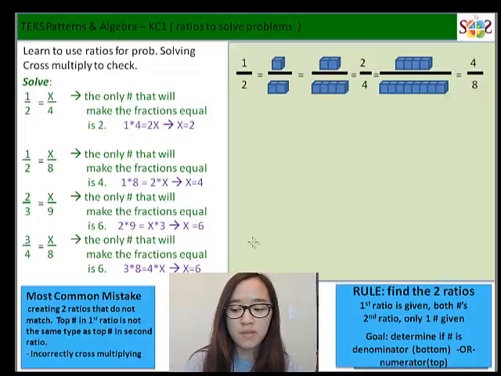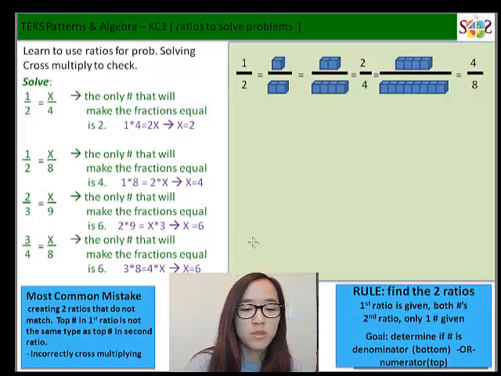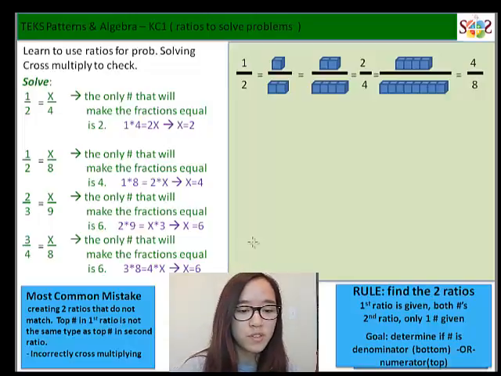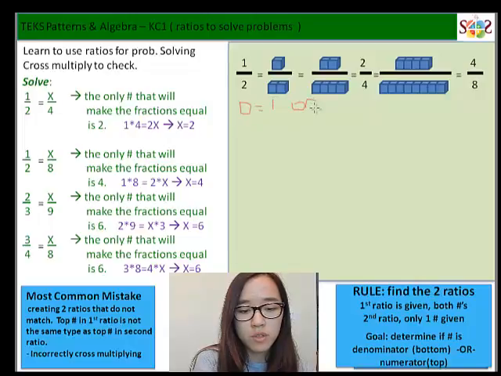And today we have an instructional video for using ratios to solve problems. In our first example, we see in our workspace that 1/2 is equivalent to 1 square over 2 squares. So basically 1 block is equal to 1 and 2 blocks are equal to 2.